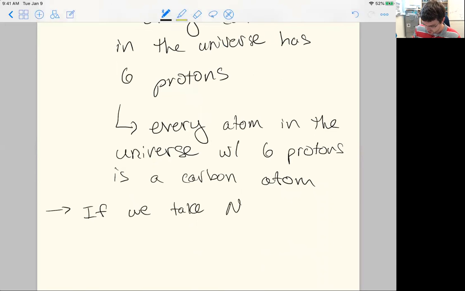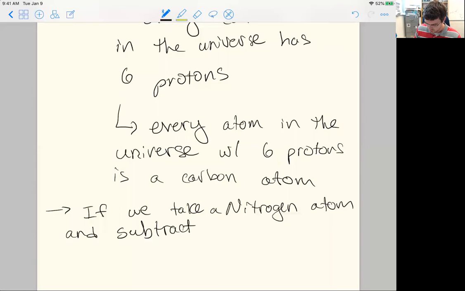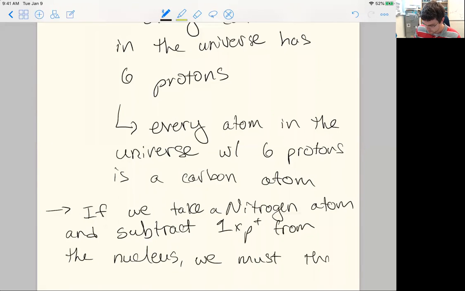If we take a nitrogen atom and subtract 1 P plus from the nucleus, what type of element or what atom will we have in our possession?